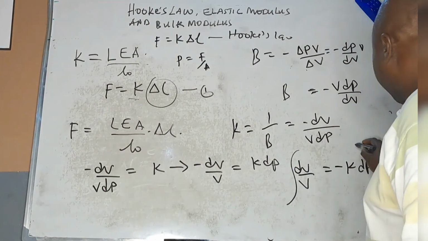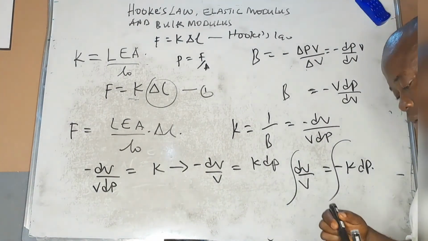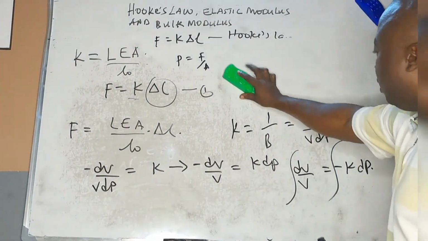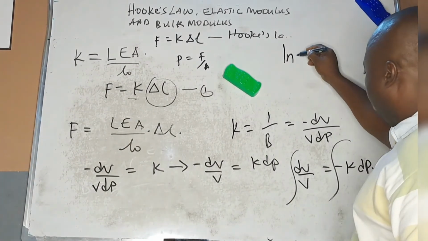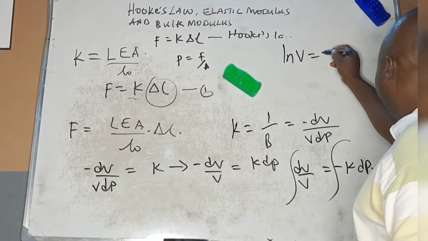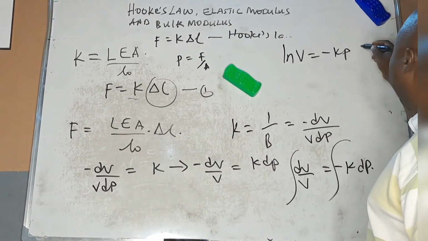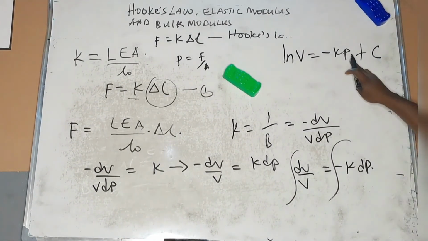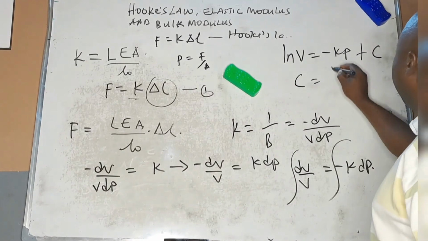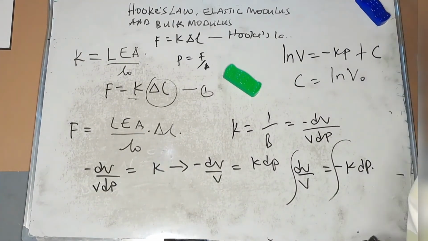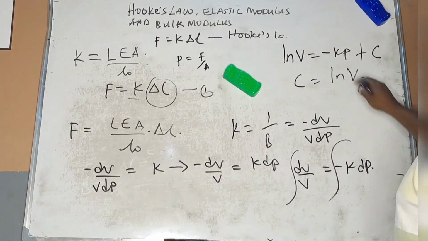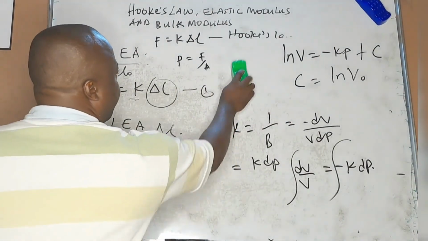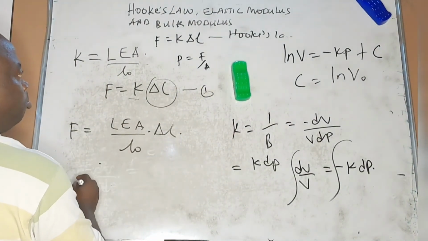I can integrate both sides of the equation. If I do that, I will have log of V equals minus Kp plus constant of integration C. So if P is 0, C becomes ln V naught. Okay?